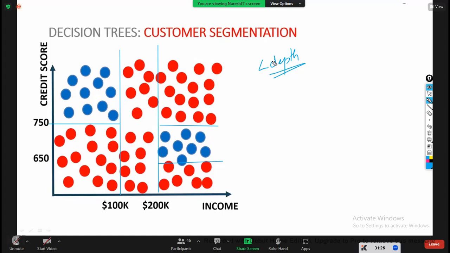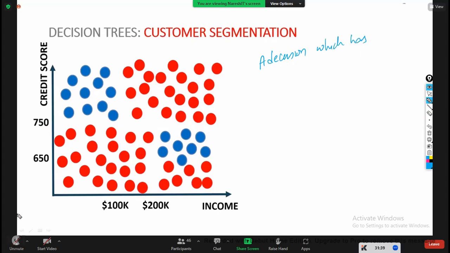It is the tree which has the least number of decision nodes, and the perfect split will be completed. That is the best one.